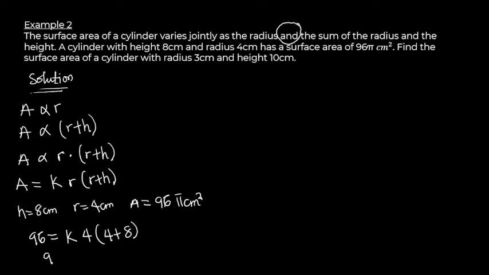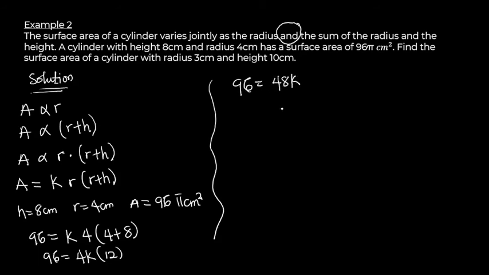This means we have 96 equal to 4K into bracket 4 plus 8, which gives 12. Then 12 multiplied by 4 gives 48. So from here I have 96 is equal to 48K.